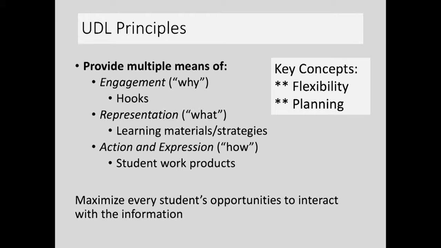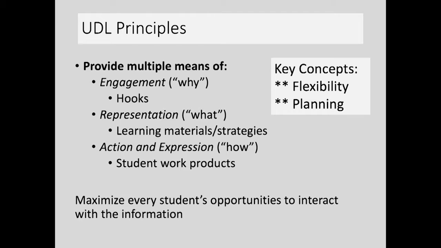The key concepts in Universal Design for Learning: you have to include flexibility in your planning, and you have to plan ahead. You have to think about all of the potential needs of the students before they get to your classes.